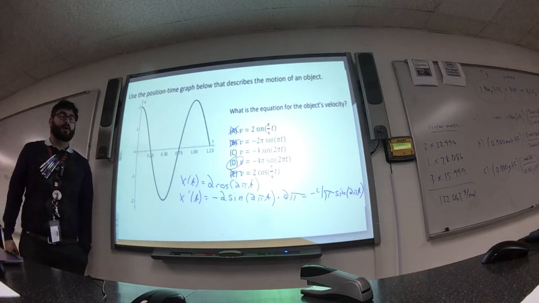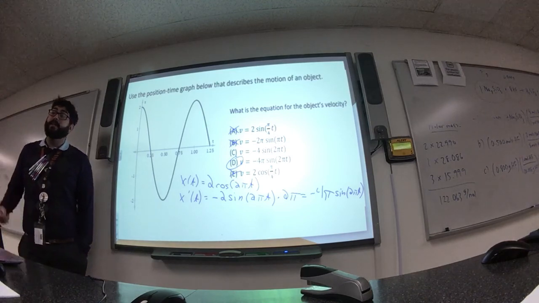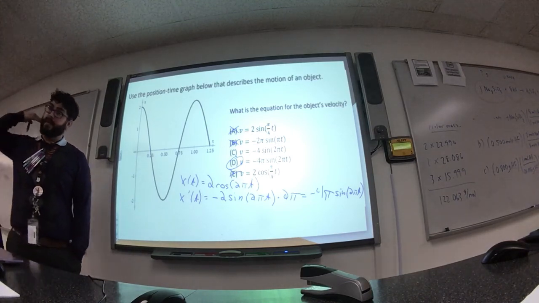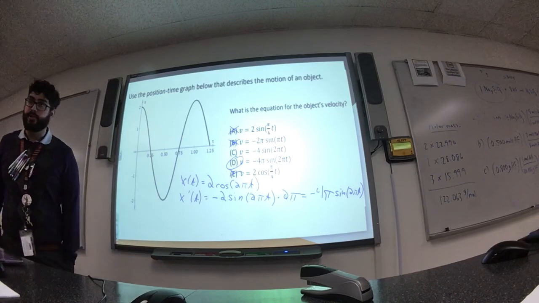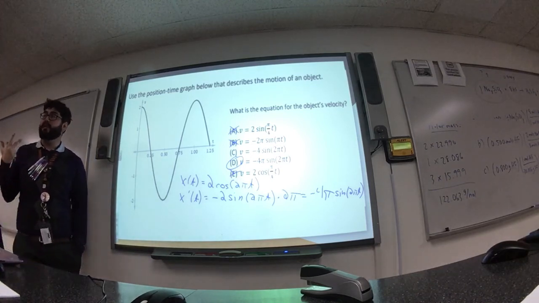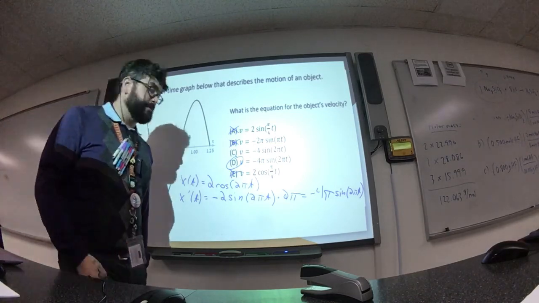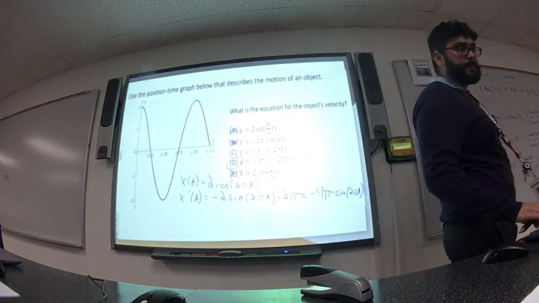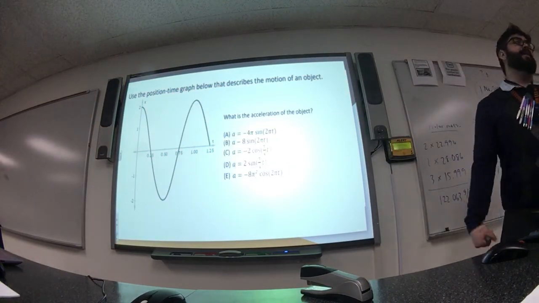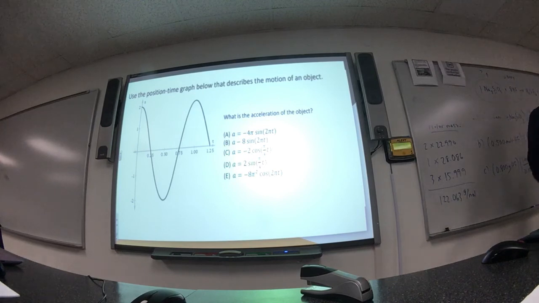There are a couple of things you can do. If you don't remember everything about simple harmonic motion, understanding the relationships for position, velocity, acceleration, and the nature of sines and cosines will help you a lot. You guys know what the pattern is already. What is the acceleration of this thing?